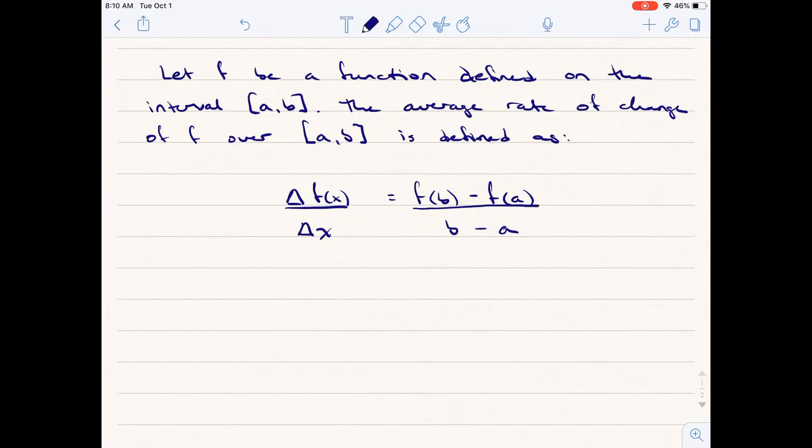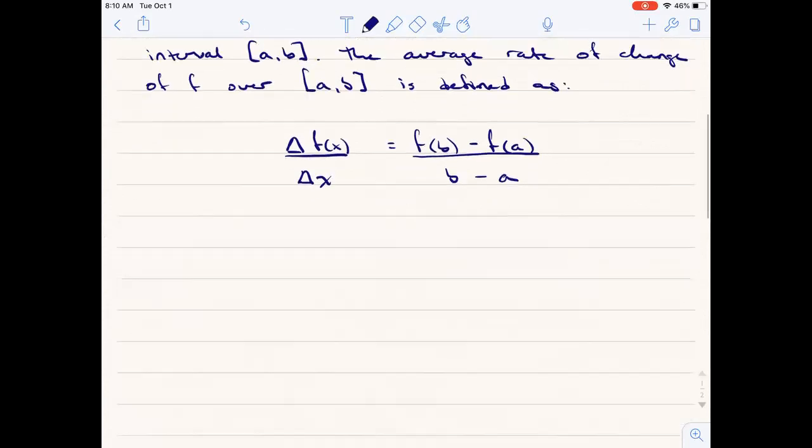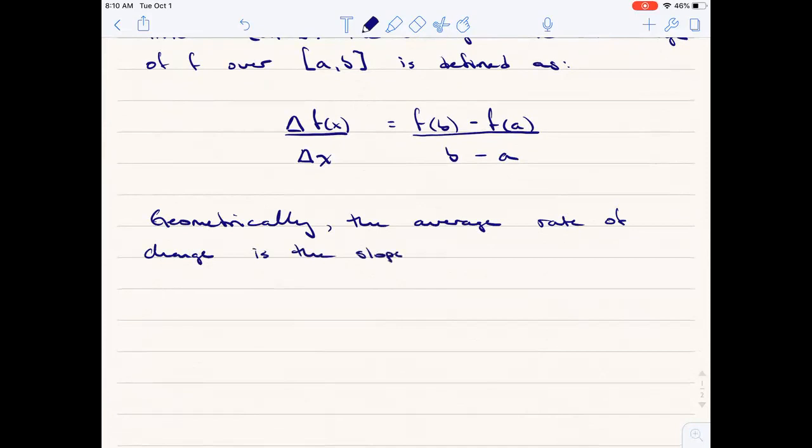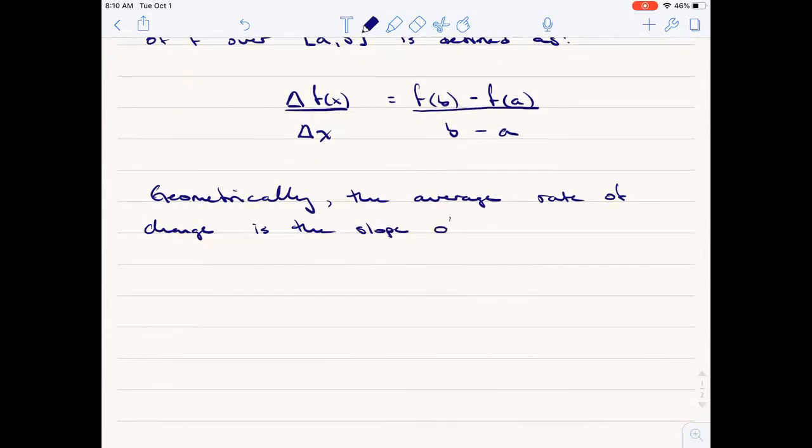Okay? And then what we do is we break up our curve into little tiny straight lines, right? And so geometrically, the average rate of change is the slope of the line.